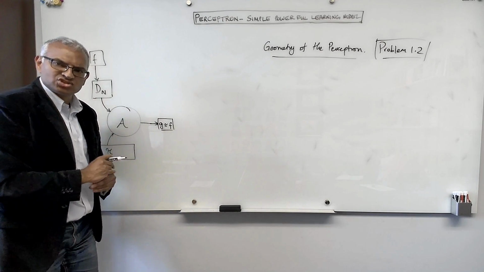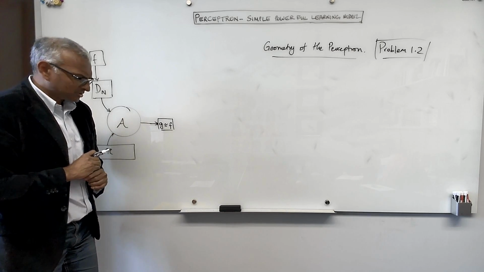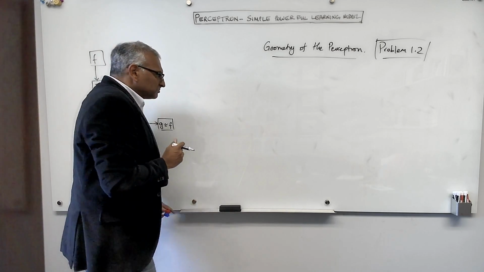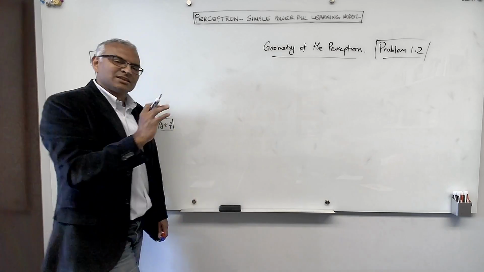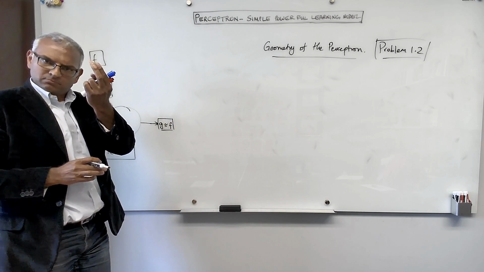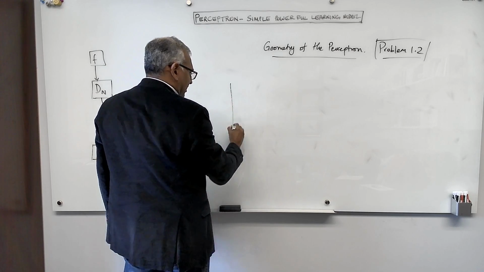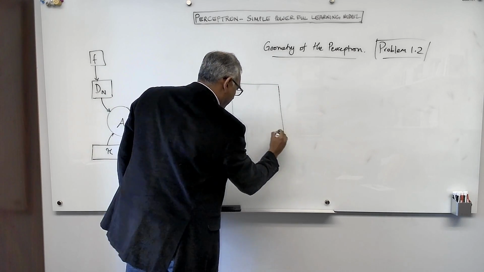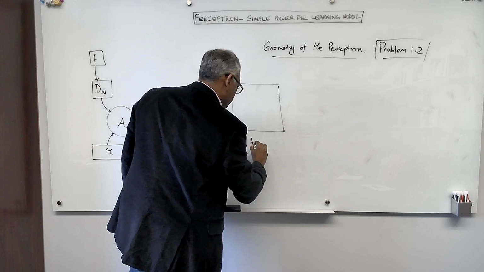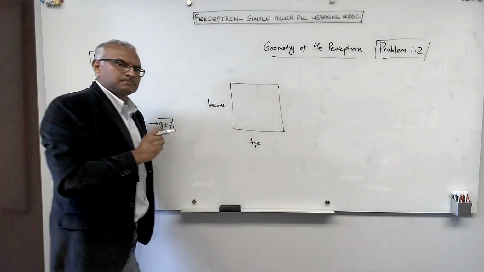I'm going to discuss the geometry in 2 dimensions because it's hard to draw in more than 2 dimensions. Okay, so let's simplify to the case where the applicant is represented by 2 numbers, not D. And let's imagine that we collect for an applicant age and the income. Okay.